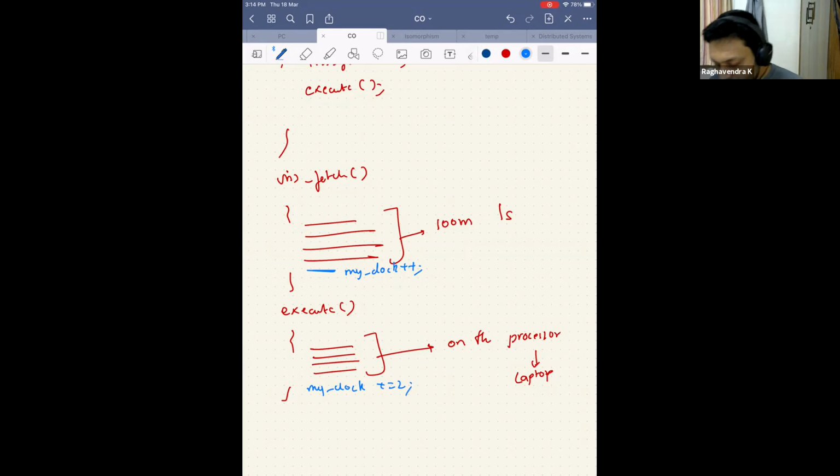But if you don't want to decide that, instead of writing this, you could have written my clock plus equal to exact time cycle, and this exact time cycle can be an input parameter to your simulator. Maybe the user will say that the exact time of the unit he is trying to simulate will take 10 cycles, and you'll add 10 cycles. That doesn't matter. Of course, the design becomes much more complicated, but you can still do it.